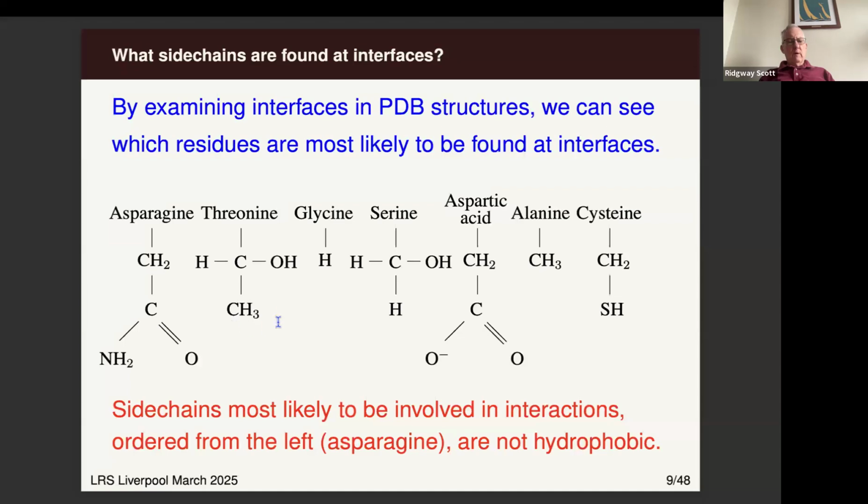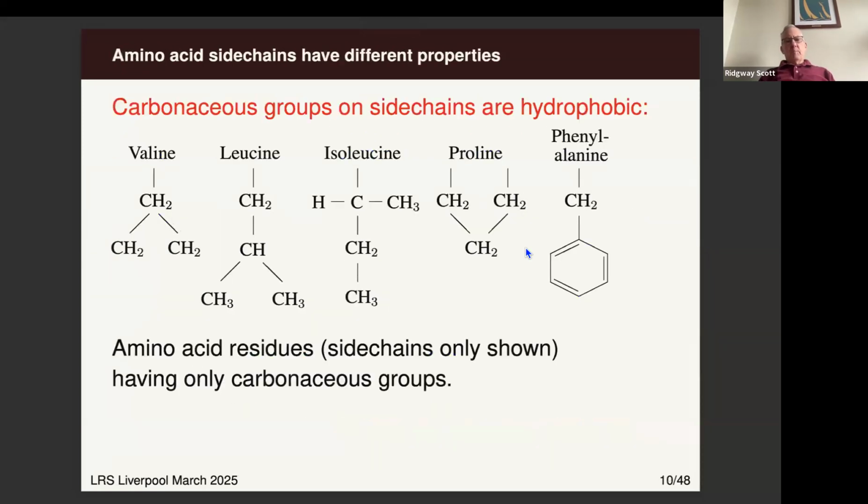Here is a hydrophobic carbonaceous group, and here's another one over here. But for the most part, there's no such carbonaceous group. Those are the ones typically near interaction sites.